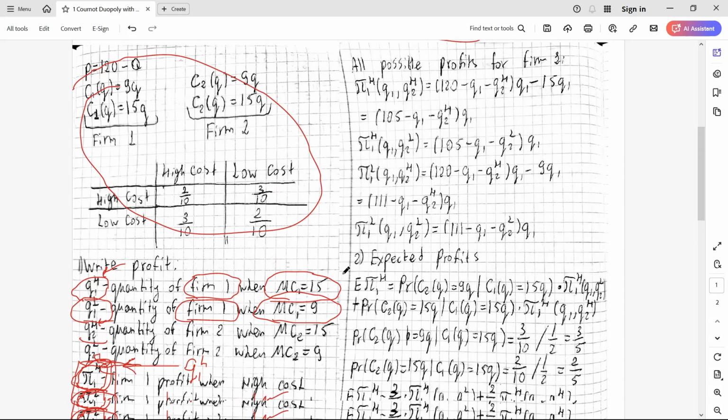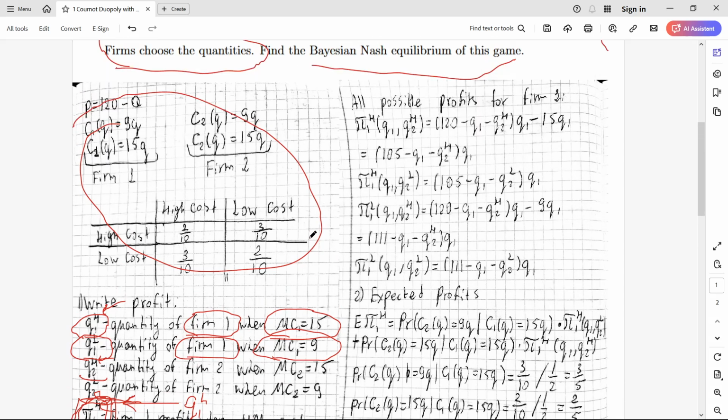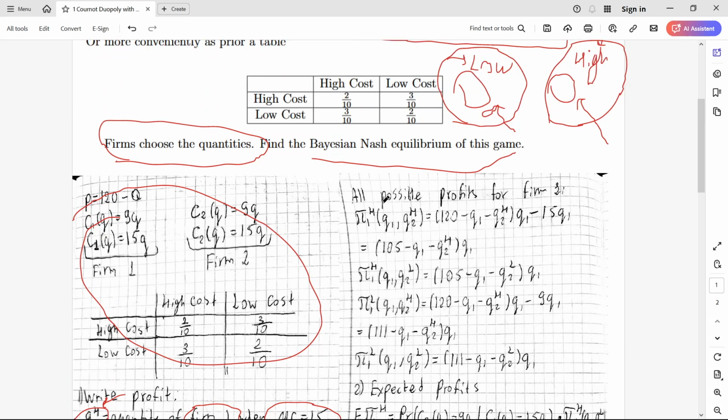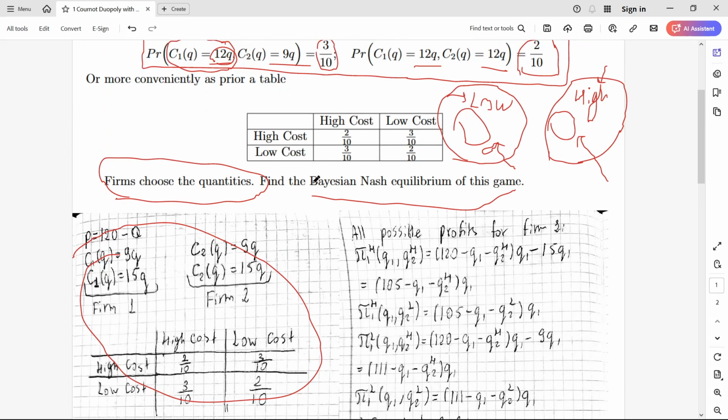So moving on from here, I write profits. So there are actually 4 types of profits, and this is derived from the possible situations the firm could be in. So the firm could be in a situation when he is of high type and the other firm is of high type. The firm could be in a situation when they're high type and the other firm is low type, when they're low type and the other firm is high type, or both are low types.